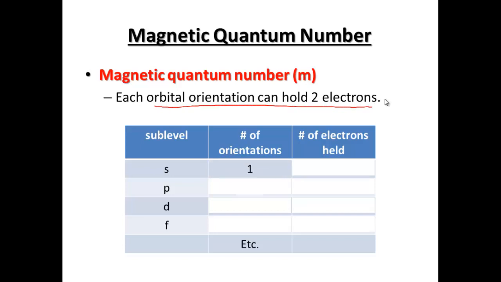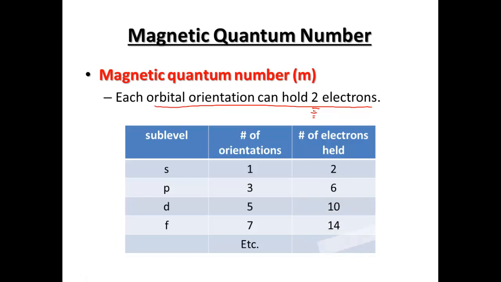In the s orbital, the number of orientations is 1. In the p orbital, there can be up to 3 orientations, 5 orientations for d, and 7 for f. Remember, each one of these orientations can hold 2 electrons. So for the s, 1 times 2, 2 total electrons can be held there. 3 times 2, 6 total electrons. 10 total electrons for d, 14 total electrons for any f level.